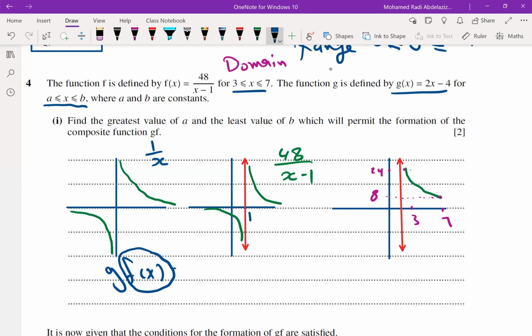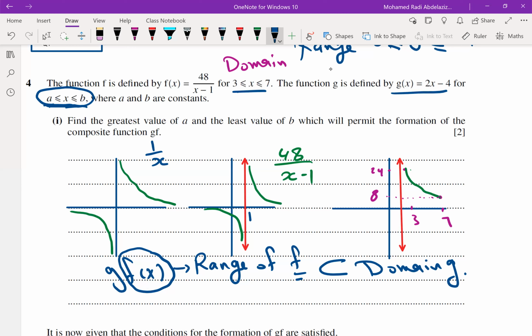We'll repeat this again: the range of f has to be part of the domain of the function g. Look at the domain, it's given as A to B. So at least, to form this function, the range, which is 8 to 24, has to be in the domain of this function, so x is greater than or equal to 8 and less than or equal to 24. This part has to be a subset of A to B.